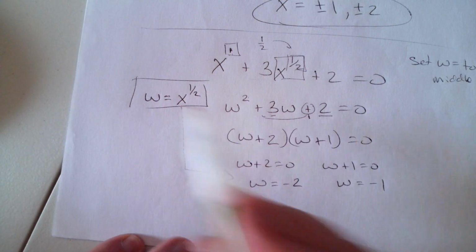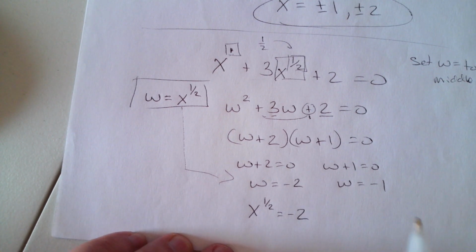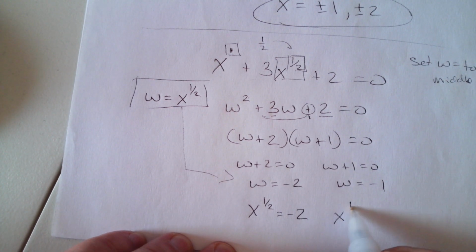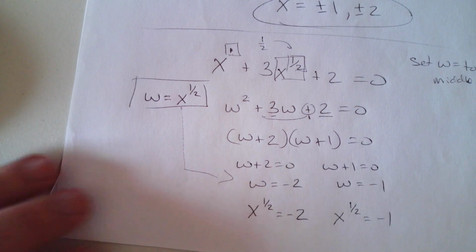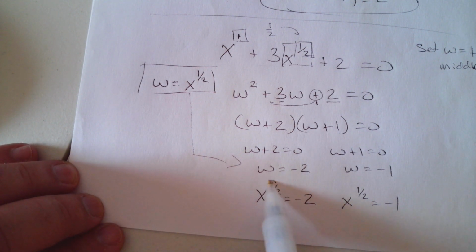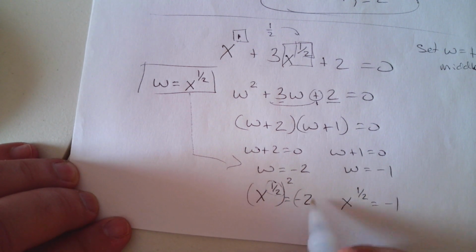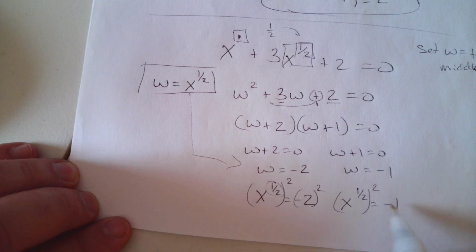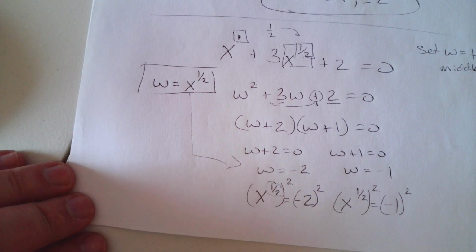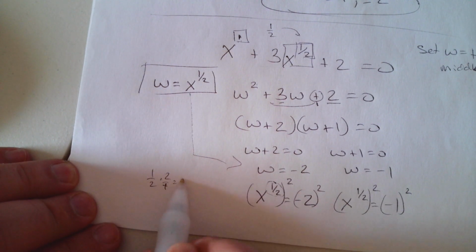So anywhere I see a w, I go back to x to the 1/2. Okay, now what? How do I get rid of this 1/2 here? If I square both sides, (1/2) times 2 over 1 is 1.